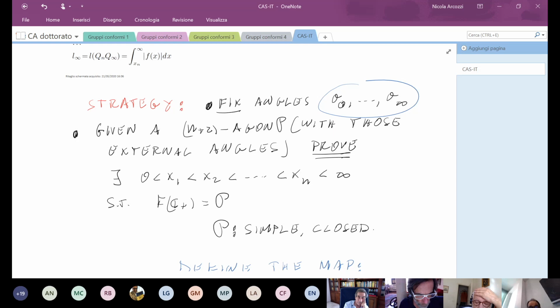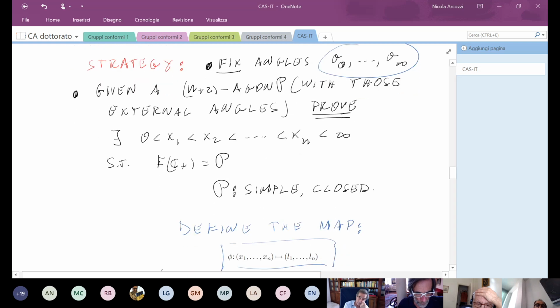And then we prove that I can choose these points x1, x2, up to xn, so that the image of the upper half plane C plus is exactly this polygon, which is, let's remember, simple and closed.